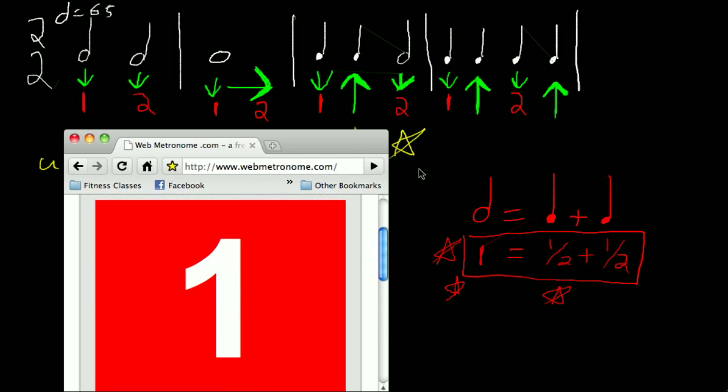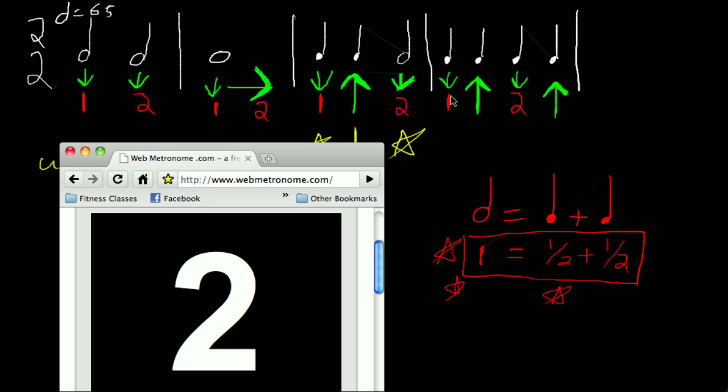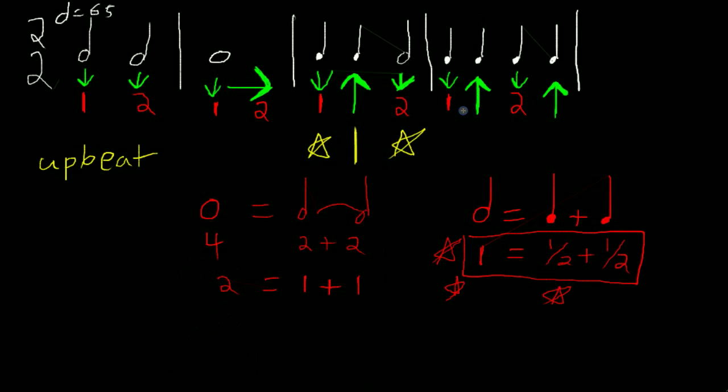We are evenly dividing these notes. It's not like we can go ba-ba, ba-ba, ba-ba. We have to evenly divide it exactly in half. So we have to go ba, ba, ba, ba, just like if there was a click happening there exactly between 1 and 2. That's how we divide this up into upbeats.